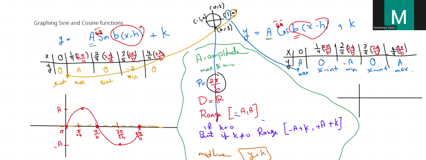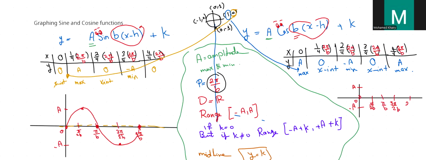If we are going to talk about cosine, here this is a, and this is negative a, right? The same points: the first one is 0. After this, I have pi over 2b, then pi over b, then 3 pi over 2b, sorry, I forgot this one, then 2 pi over b.